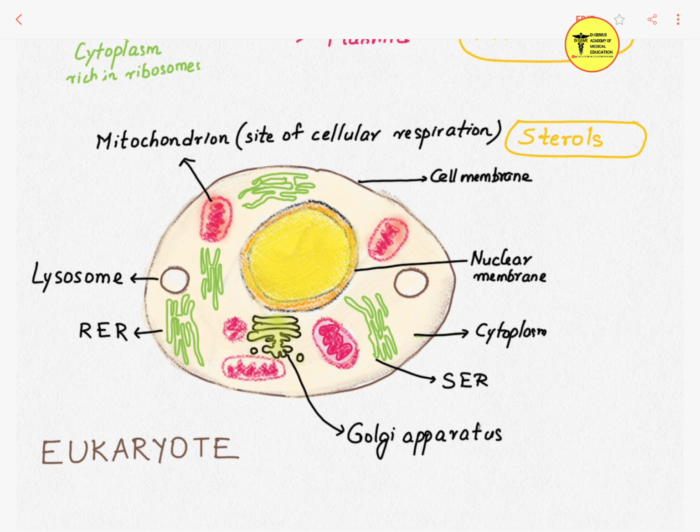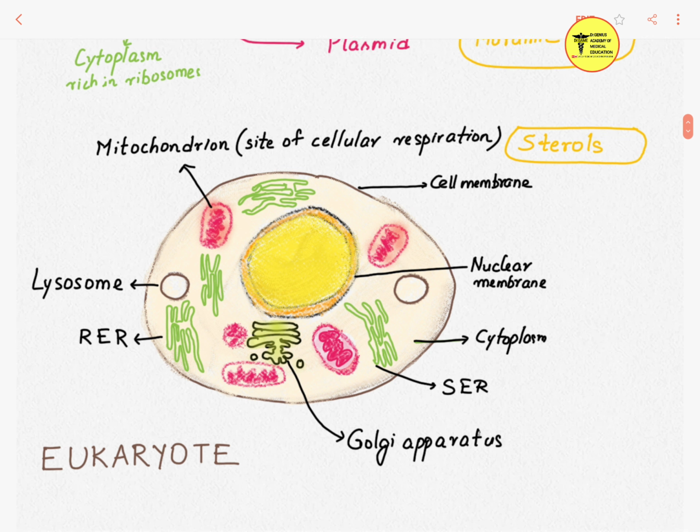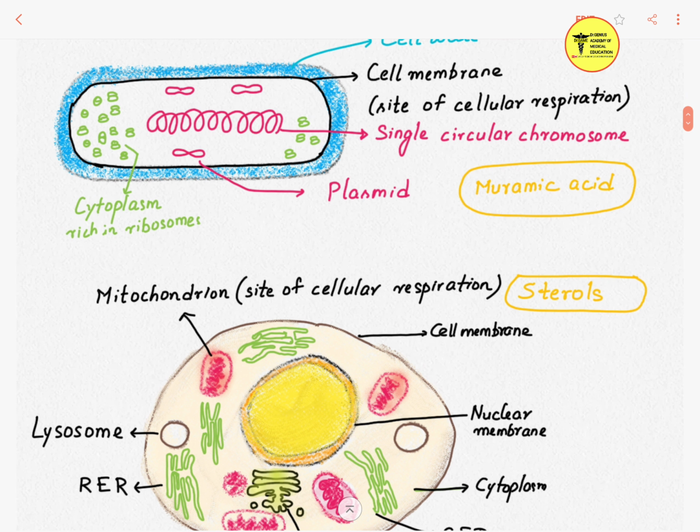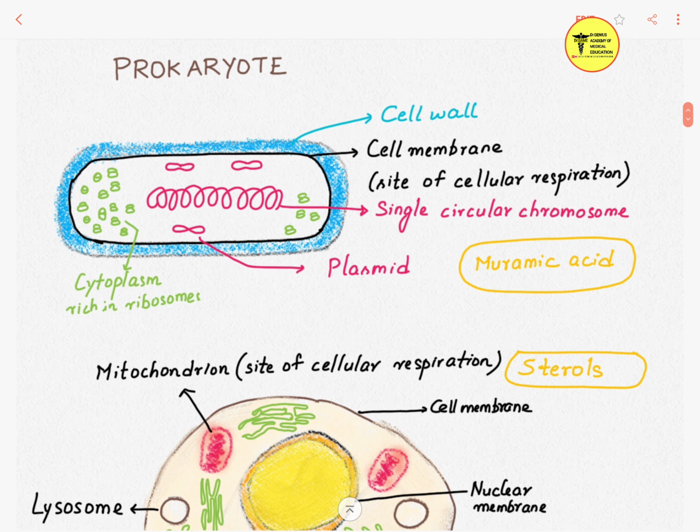In the chemical composition of a eukaryote, sterols are present. So the main difference between a prokaryote and a eukaryote is that in a prokaryote we can't find any nucleus.